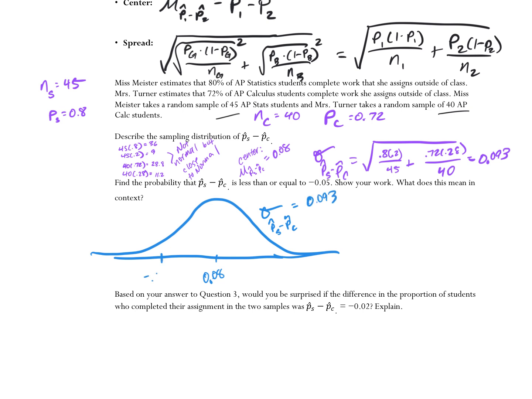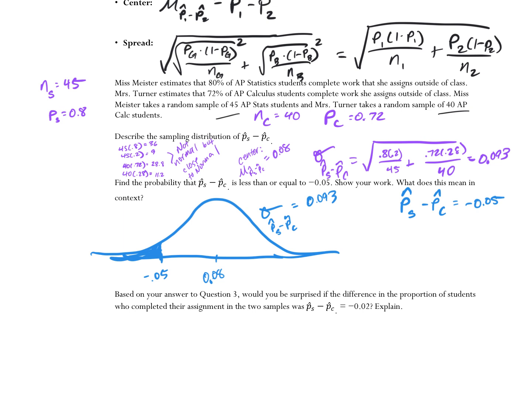Negative 0.05 would be down here. Is it reasonable that we could get a negative answer? What would it mean for p hat S minus p hat C to be negative 0.05? Because that's essentially what we're finding. Is everybody with me?